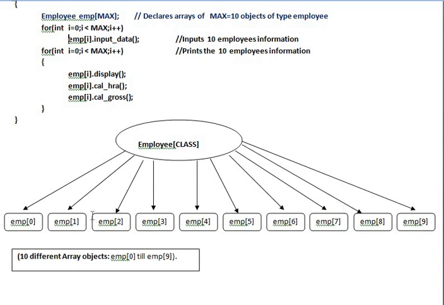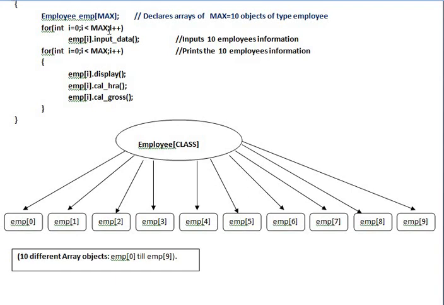For every value of i, we make different calls to this function input_data to input the employee code, employee designation, employee name, and basic salary. In this way, we can input 10 different employees' information associated with 10 different objects, starting from emp0 and ending at emp9.